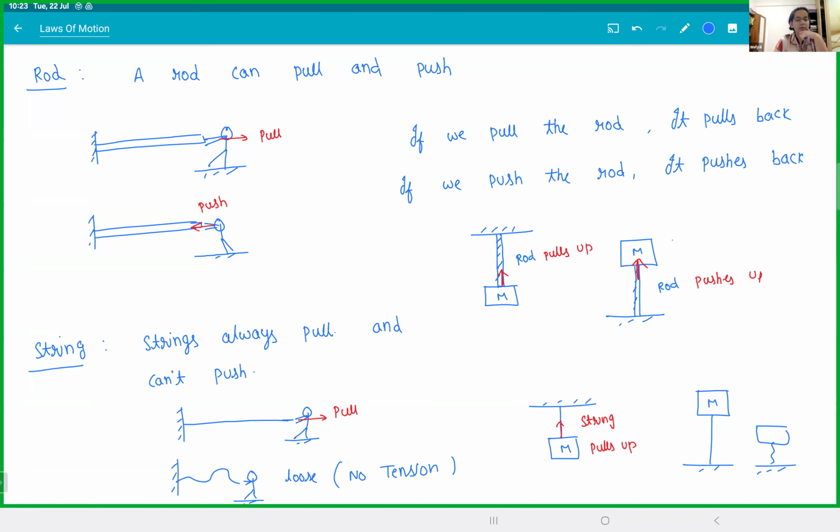But with the string, when it gets slack, it does not hold. Think of it like this: when you pull, it behaves like a rigid body. When you push, it doesn't behave like a rigid body. So depending on whether you pull or push, it can behave either way. Clear? When you pull, it is as good as a rod, like a rigid body. But the moment you try to push, it goes off.